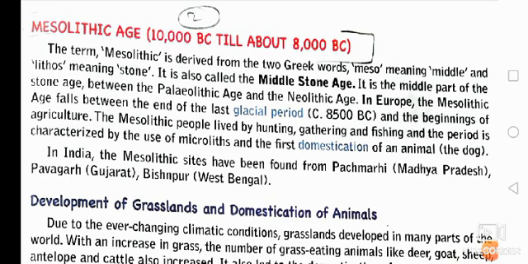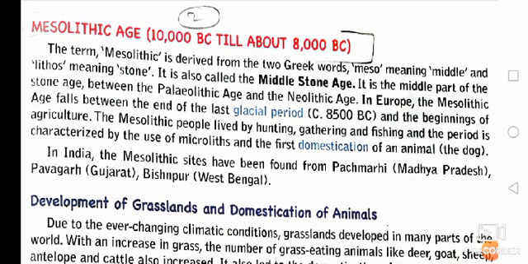In the last class we already discussed the Paleolithic age. Today we are going to discuss the Mesolithic Age. It is the time period from 10,000 BC till about 8,000 BC.